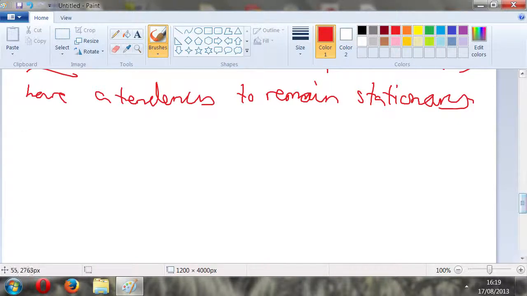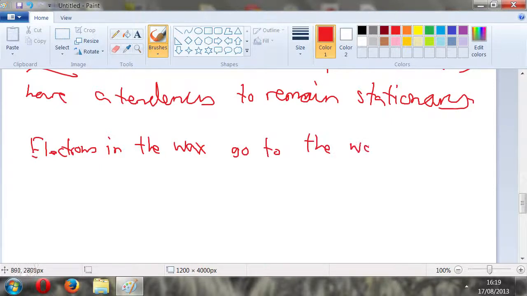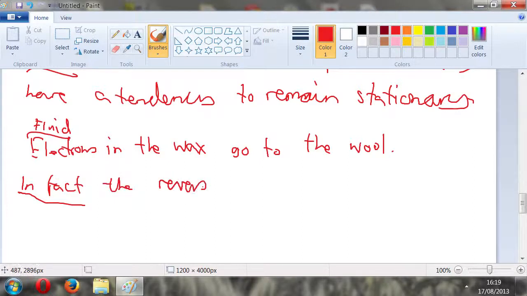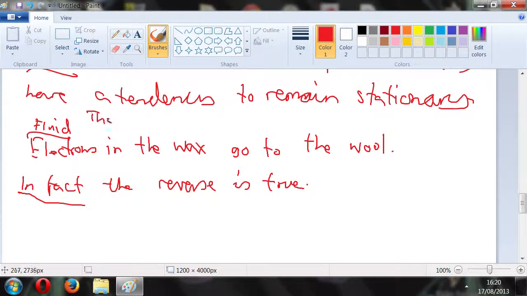It was thought, as I mentioned before, that the electrons in the wax, the fluid, go to the wall. But in fact, the reverse is true.